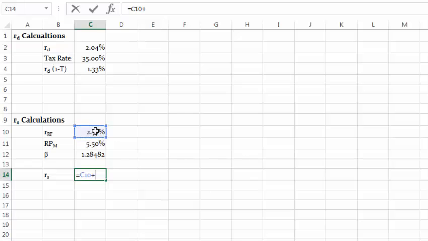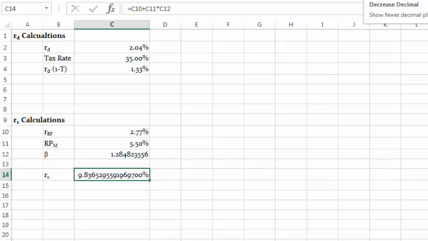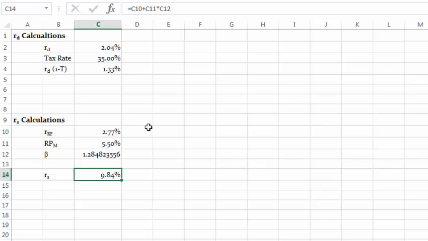So that one plus that times that. Notice I don't really have to use any parentheses because order of operations says that you multiply first. And therefore we get a huge number because for some reason Excel decided I wanted 25 different decimal points, and I don't. Doesn't add anything. So we're going to pop that one back.